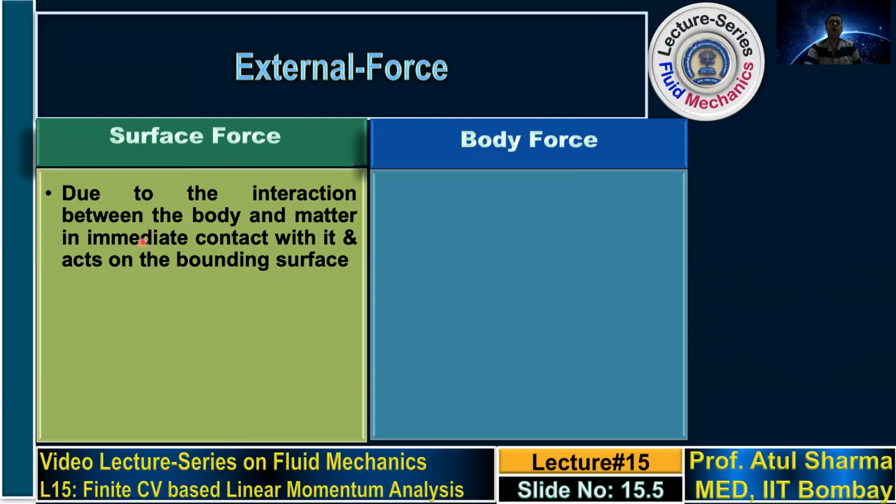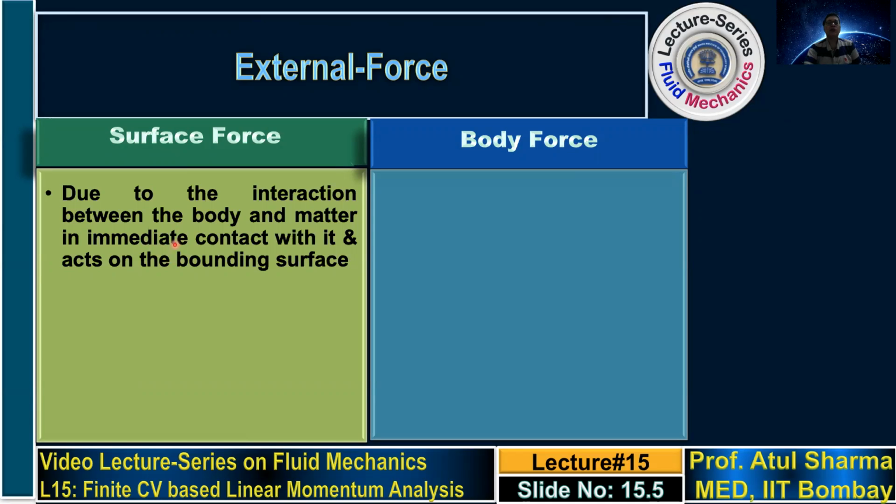If you take a fluid body or a fluid control volume in a fluid flow region, then that fluid body is surrounded by fluid which has a different velocity, and the nearby velocity gradients lead to viscous forces because this fluid has certain viscosity, and from the adjoining fluid there is also a pressure force which acts on that fluid body.